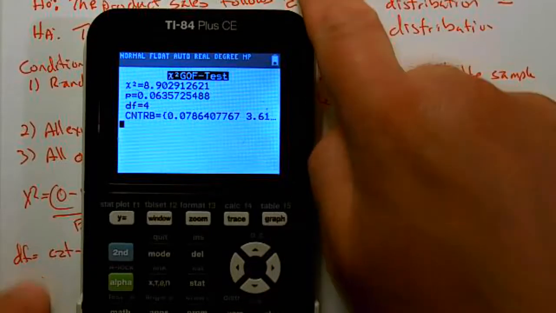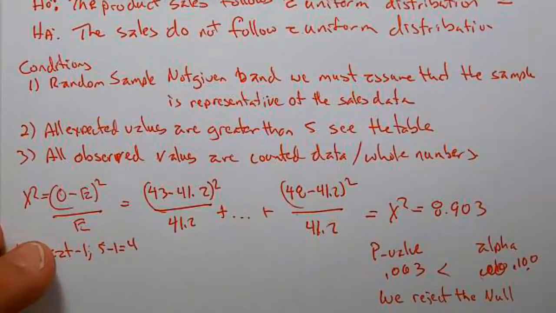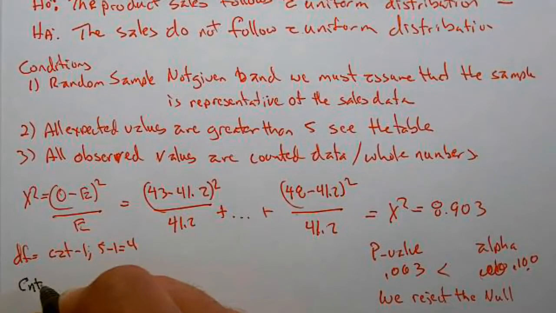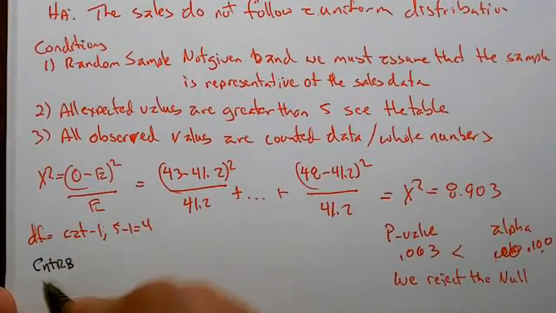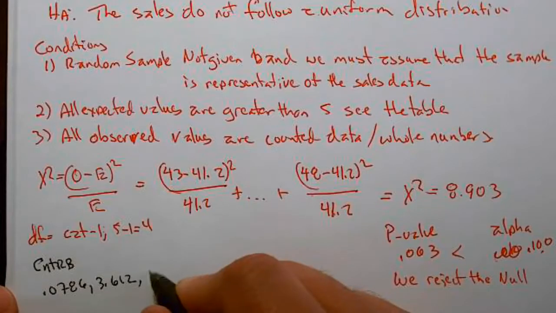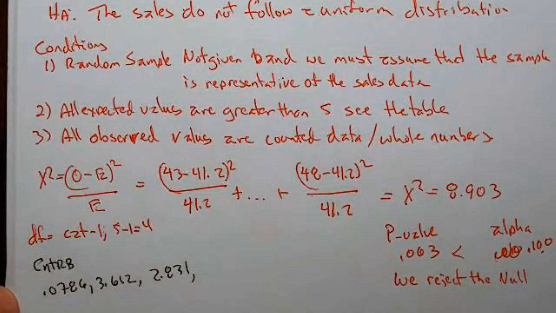I'm going to go ahead and write those values down: 0.0786, 3.612, 2.831, 1.258, and the last one is 1.122.